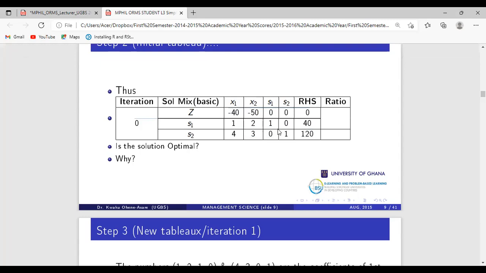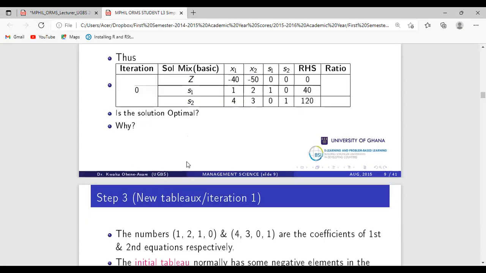Now, in moving on to the next iteration, you have to find the pivot column, find your pivot row, and identify your key element or your pivot element. Those things that we identified are going to help us to compute our next table.